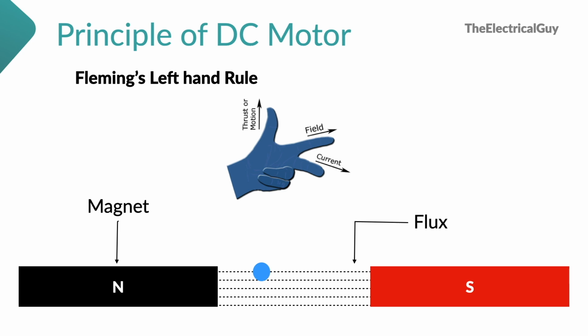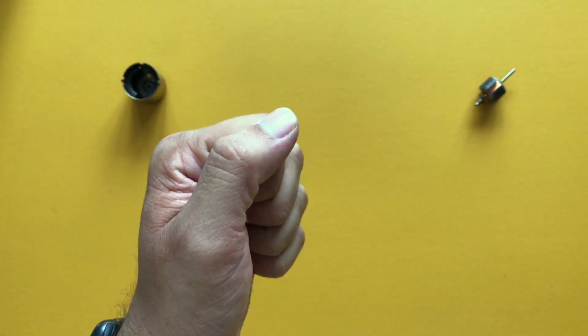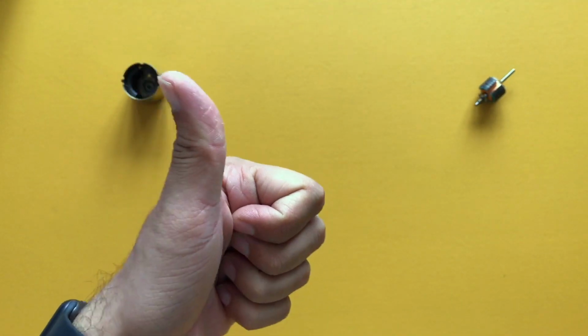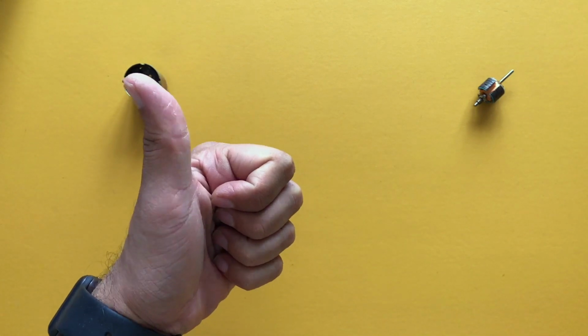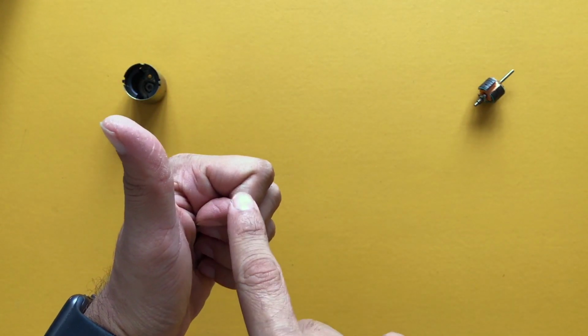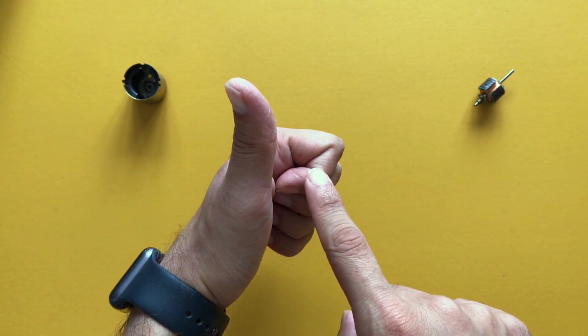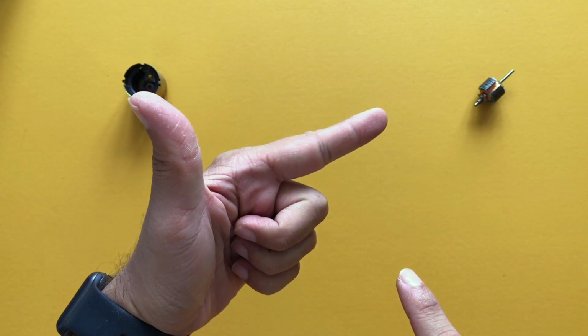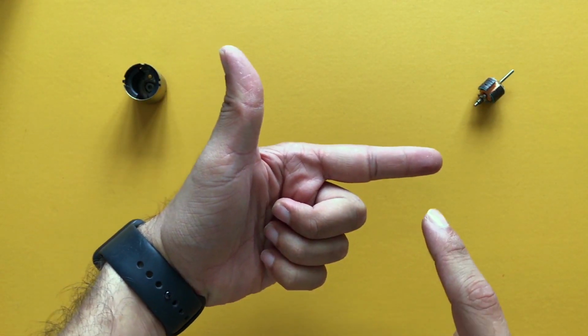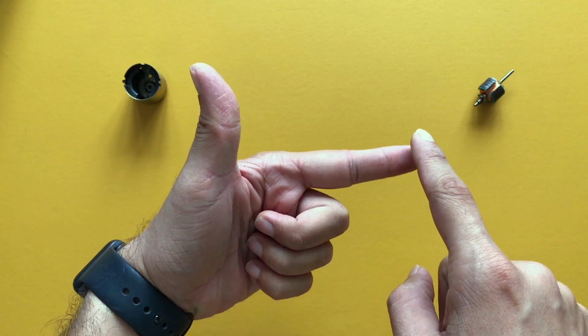Now, before you understand what is Fleming's left-hand rule, let me tell you the hand position for left-hand rule. So, take out your left hand and make a thumbs up, right, like this. And from the thumb, your index finger should be creating a 90-degree angle. So you have to open the index finger like that. It will create a 90-degree angle with the thumb like this.